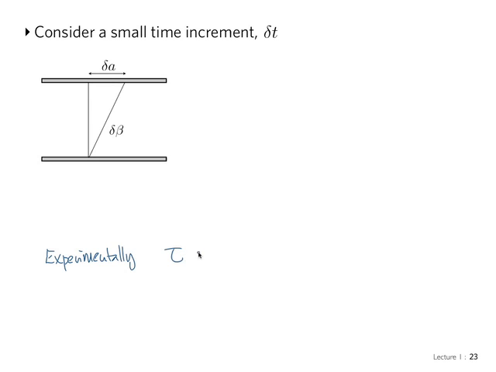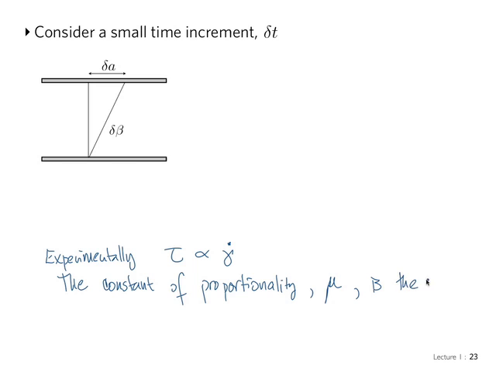We have experimentally that tau is proportional to gamma dot, so the shearing stress is proportional to the rate of shearing strain, and the constant of proportionality, and we'll use the Greek letter mu, is the viscosity. So tau is equal to mu times du dy.